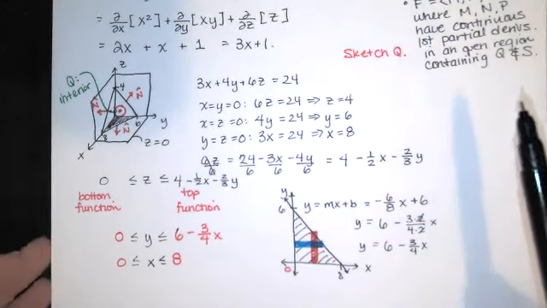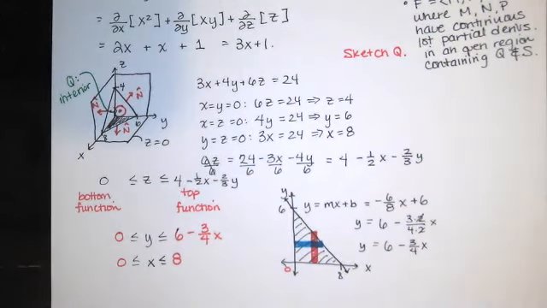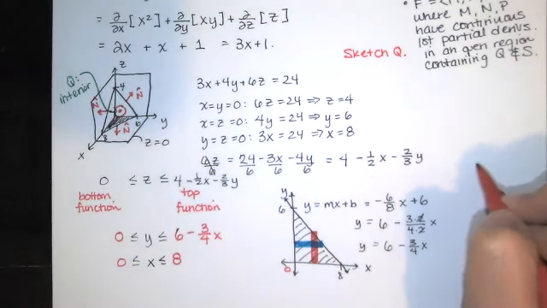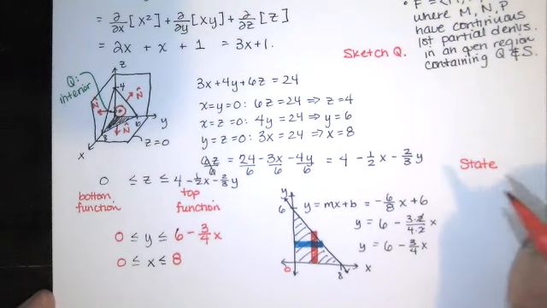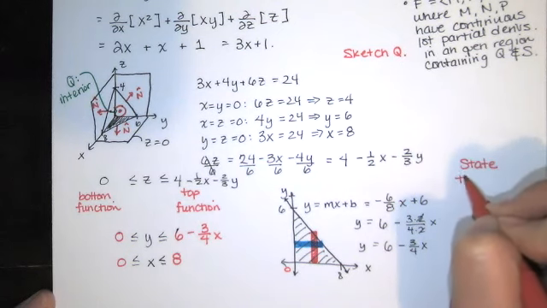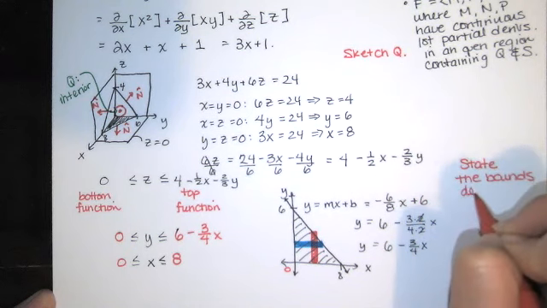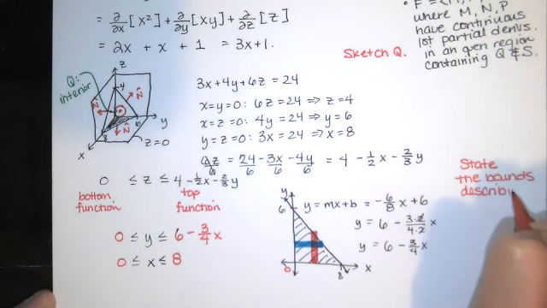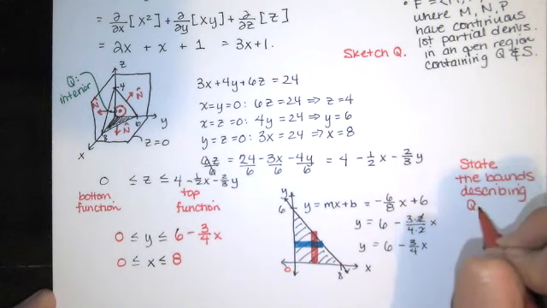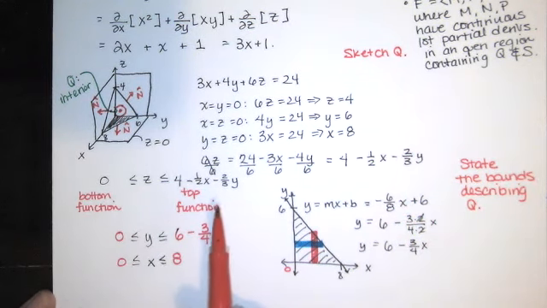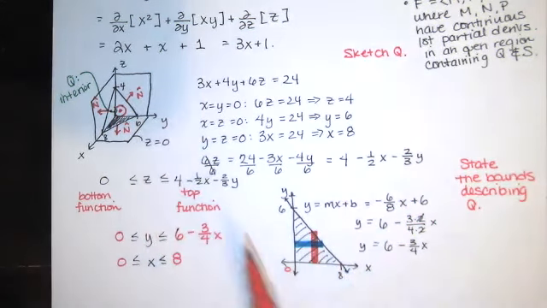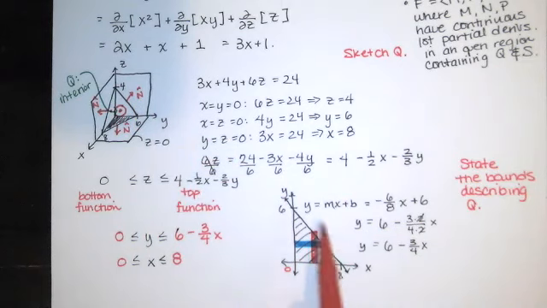Okay, so we've got everything we need. We sketched the region Q. We stated the appropriate bounds for Q by letting z go from a bottom function to a top function, and then looking at the projection onto the xy plane and coming up with bounds for that.